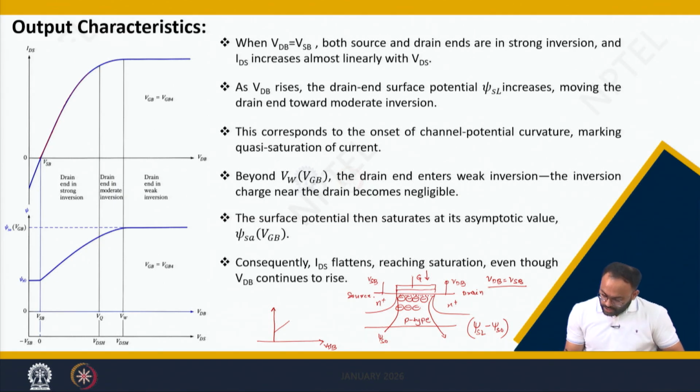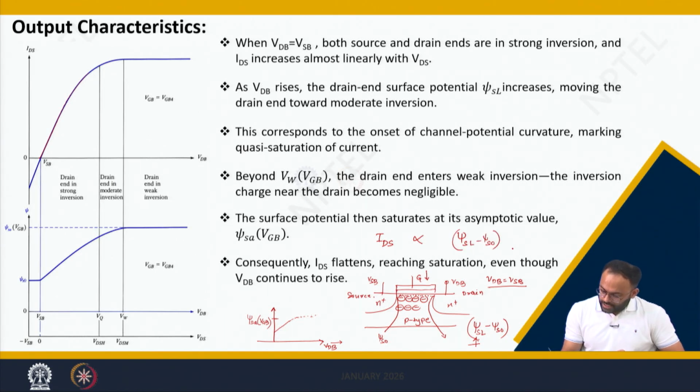Now let us consider you are increasing VDB beyond a point, and then the surface potential is pinned to a value of psi SA, which is a function of VGB. So this potential gets pinned. Now even if you increase VDB, this potential is not changing, the psi SL is not changing. The current equation which we derived is directly proportional to psi SL minus psi S0.